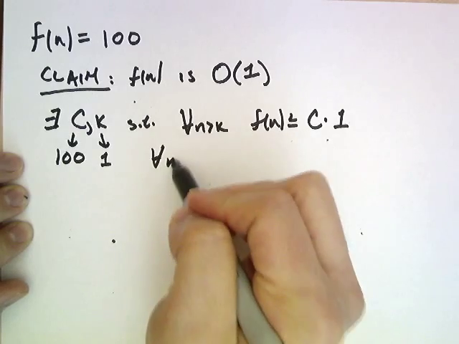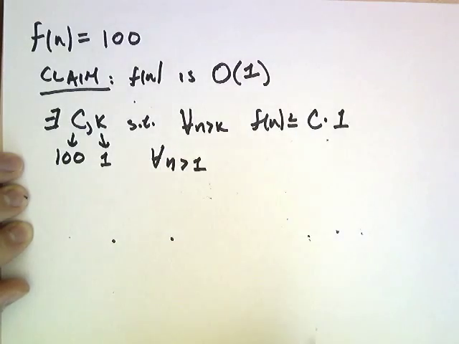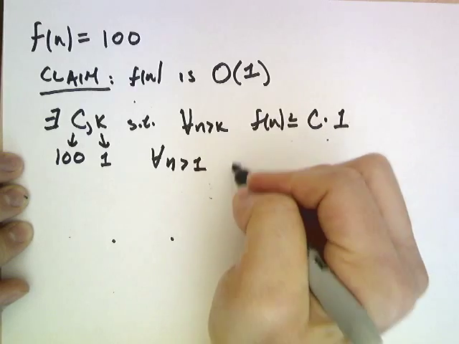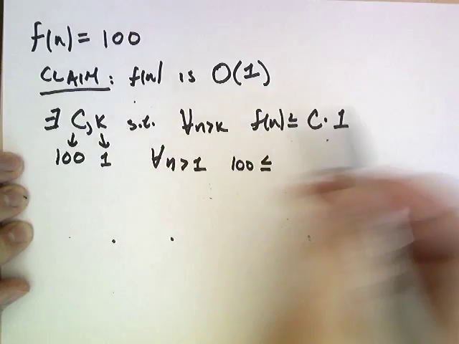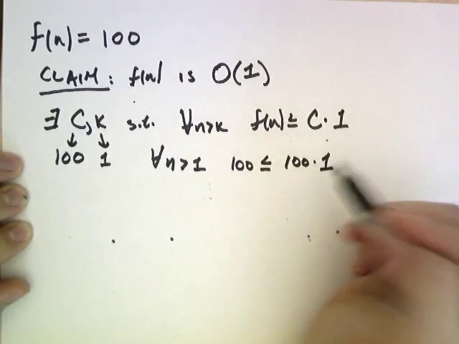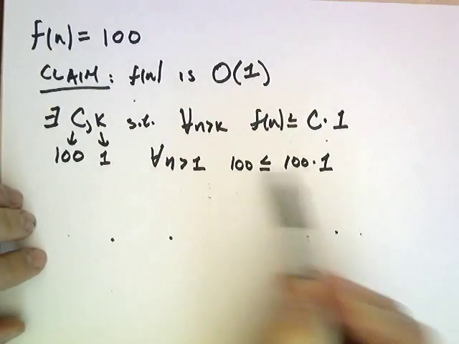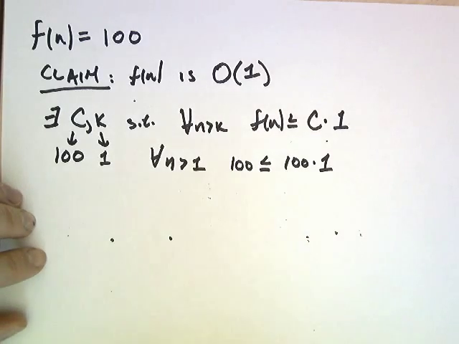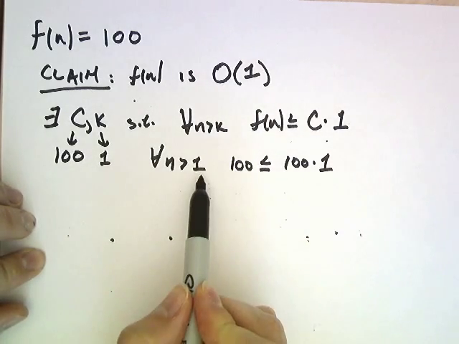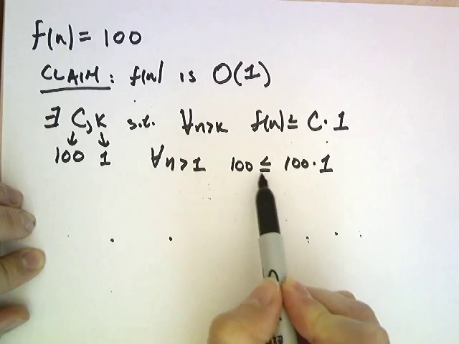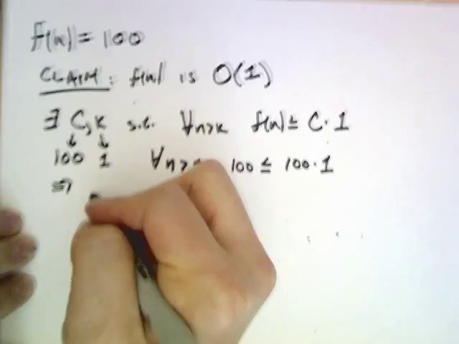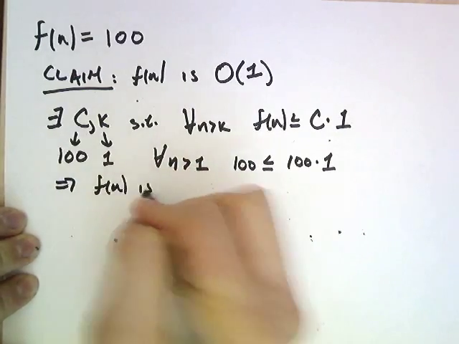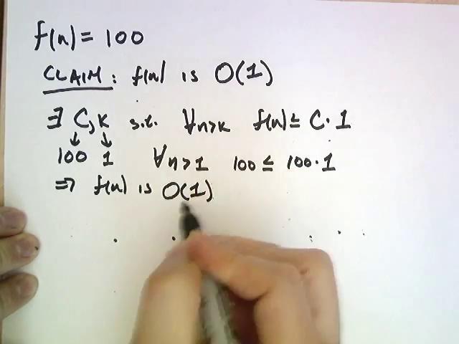So then we need to prove that for all n greater than 1, f of n, which is 100, is less than or equal to a constant c, which we chose to be 100, times 1. And you can see that n doesn't appear on either the left or the right-hand side, but that's fine. For all n greater than 1, it is definitely true that 100 is less than or equal to 100. In fact, 100 equals 100. So this implies that f of n is big O of 1.